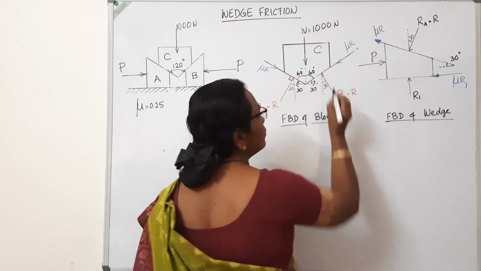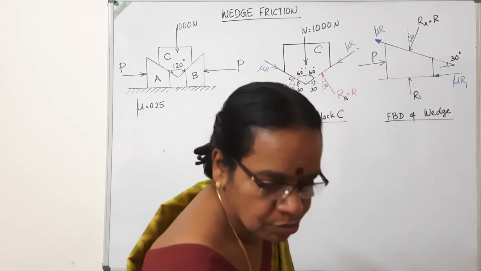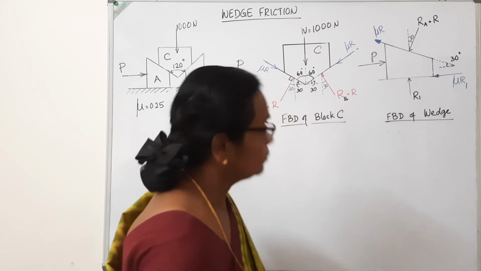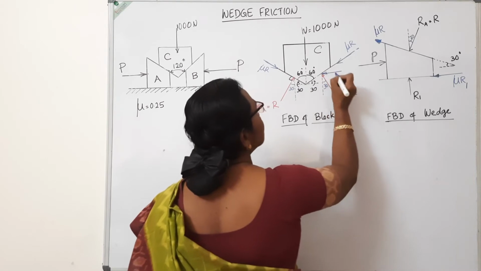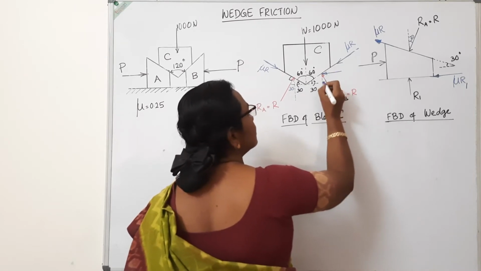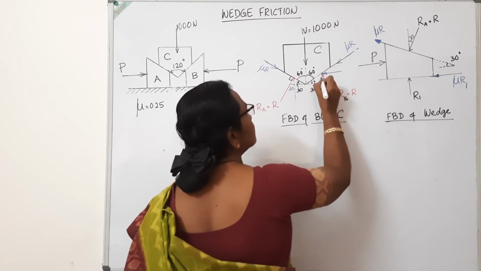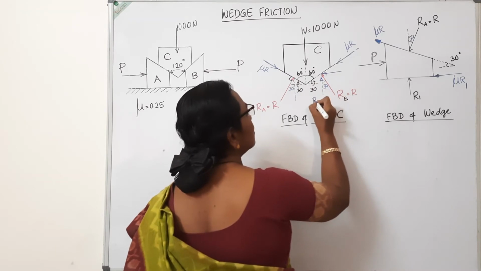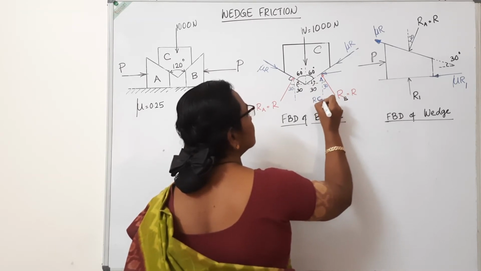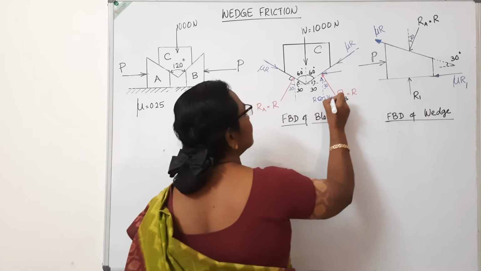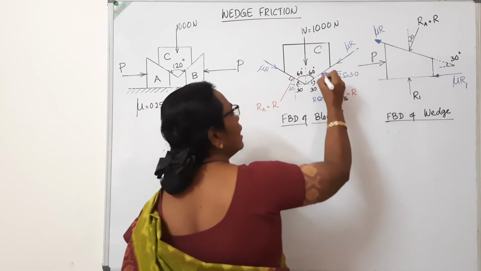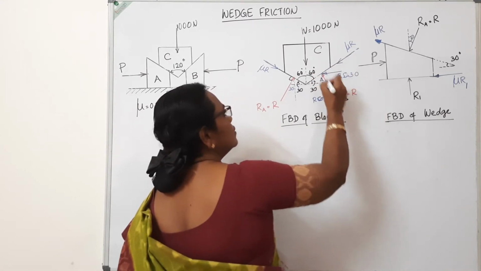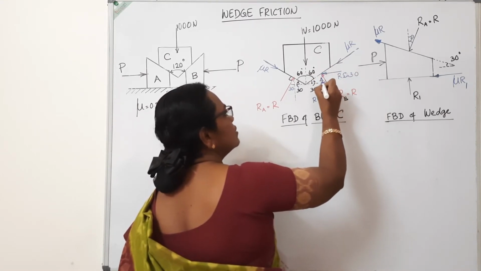Now, we have to resolve it into two components. These are the two components. This is 30 degrees, so this vertical component will be R cos 30, and this horizontal component will be R sin 30, because the angle between the normal reaction and the vertical is 30 degrees.